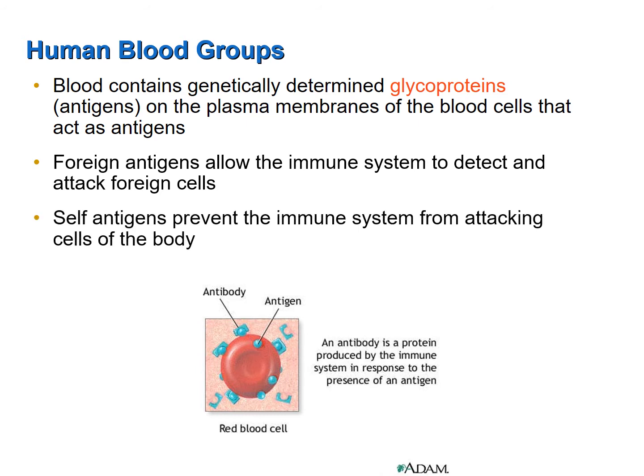On the other hand, if the antigen is recognized as self, then the cell will be left alone. Self-antigens prevent the immune system from attacking the cells of the body. So these glycoproteins embedded in the plasma membrane of red blood cells allow the immune system to determine if the cell belongs to the body or if it is foreign.